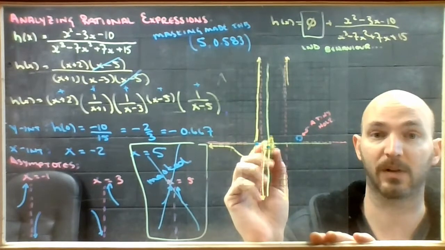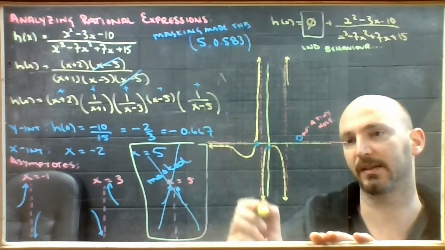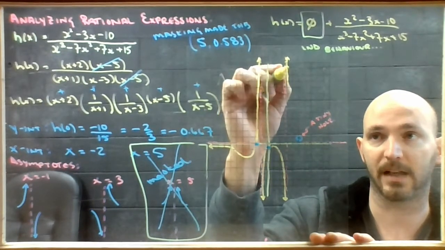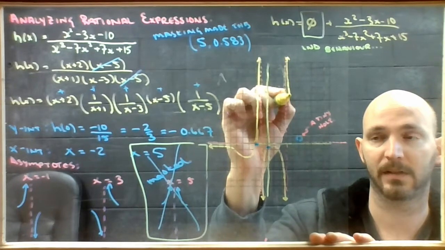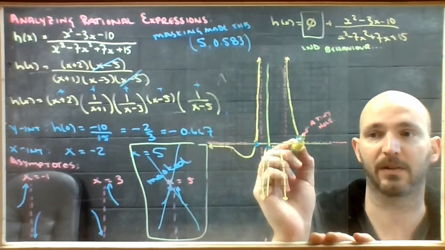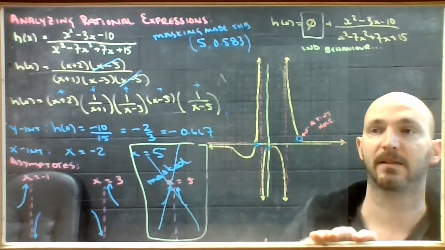I don't have any more x-intercepts, so I'll have to turn her around, send it back down. Now it's all connected. And from up here, down we go. I'm going to get as close to that hole as I can without actually going through it, and then I have to turn and follow the x-axis. So something like that.